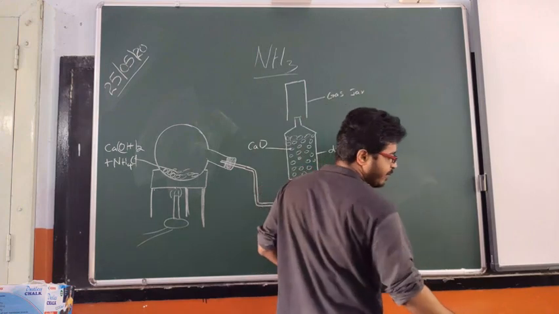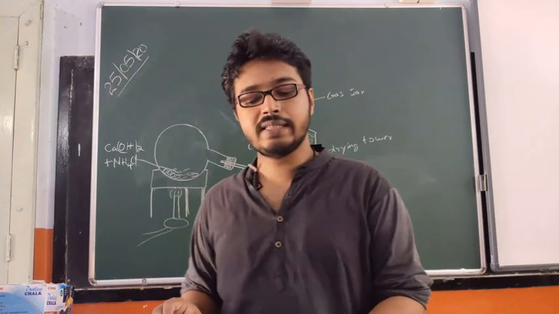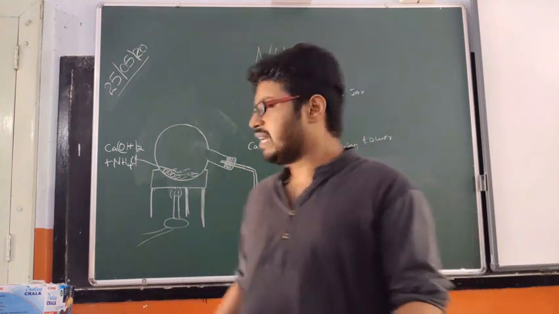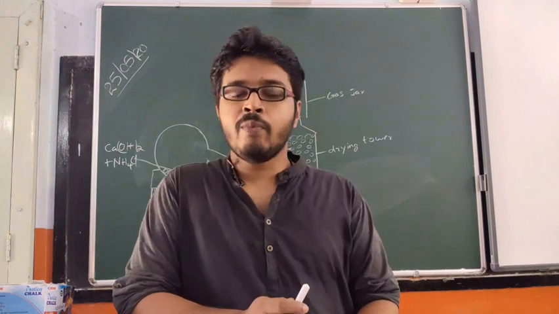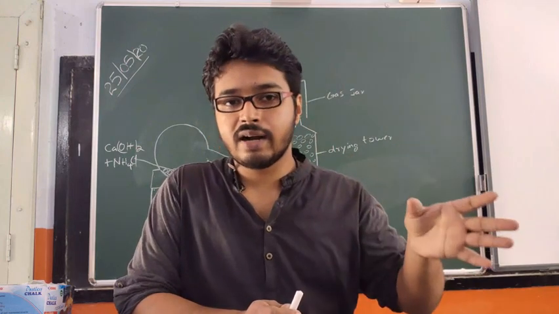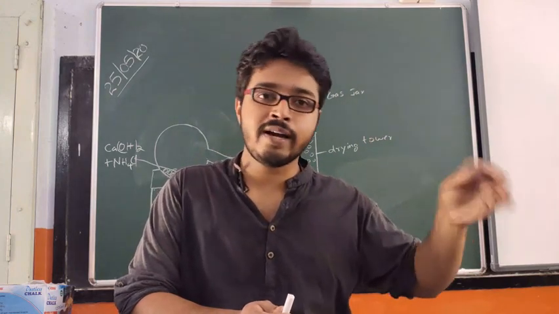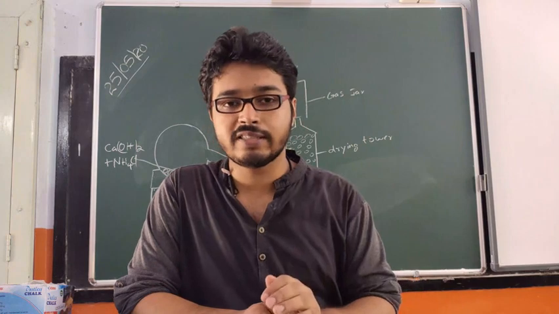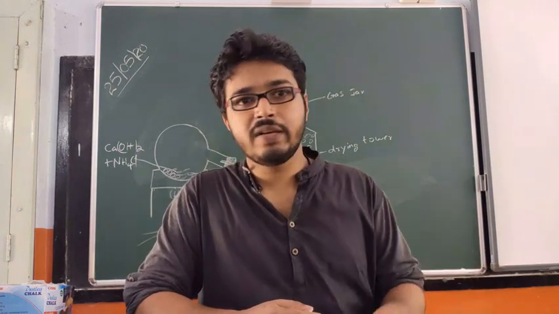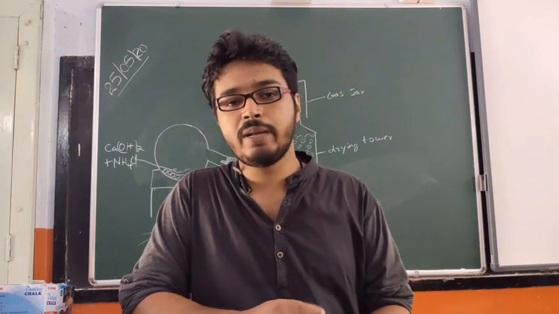Now we are moving to the next and first important part, that is preparation of ammonia in the laboratory. As you know, ammonium salts can be easily prepared from ammonia, or in other words, ammonia can also be prepared from ammonium salt. Ammonia is a gas, it won't be easily available even in a normal laboratory.